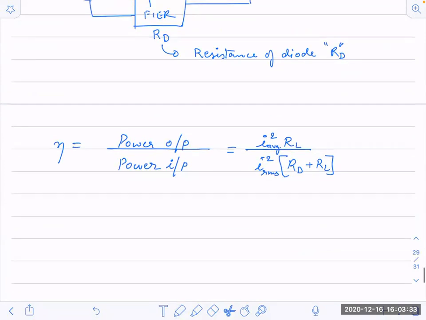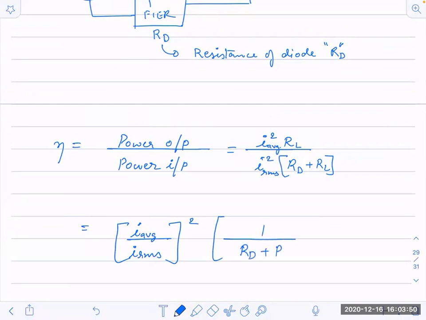Is it okay? So now this formula can be rewritten as I average divided by I RMS, whole square, and within the bracket I can write this as 1 divided by (RD plus RL) by RL.